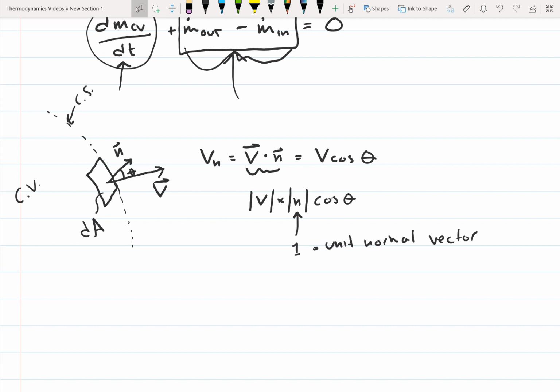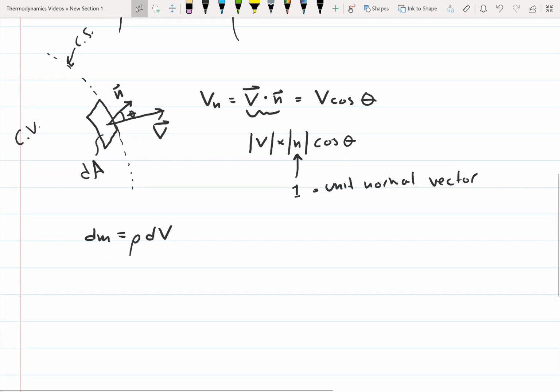So now what we can do is let's consider a differential amount of mass. I'm just going to call this dm, and this is going to be equal to rho dV, and the reason why is because the density is equal to the mass over the volume.